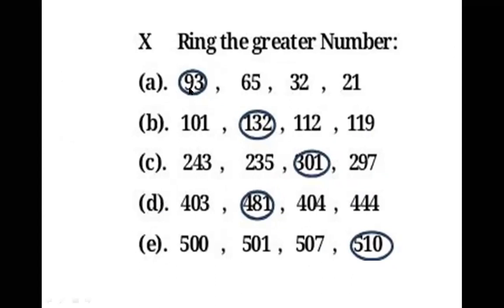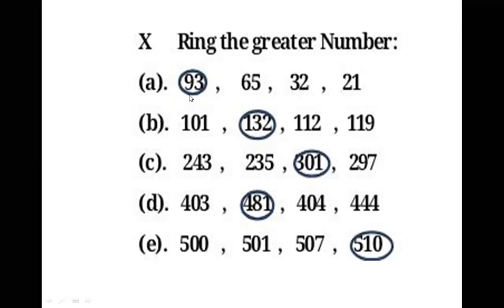It is 9, 6, then 3 and 2, which is in the tens position. Why am I specifying only the tens position? Because here we gave you only double digit numbers, 2 digits only.